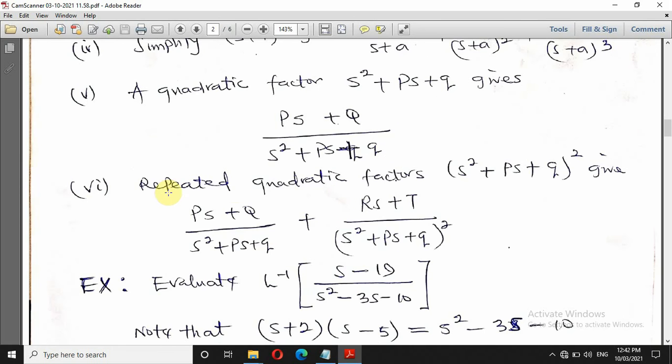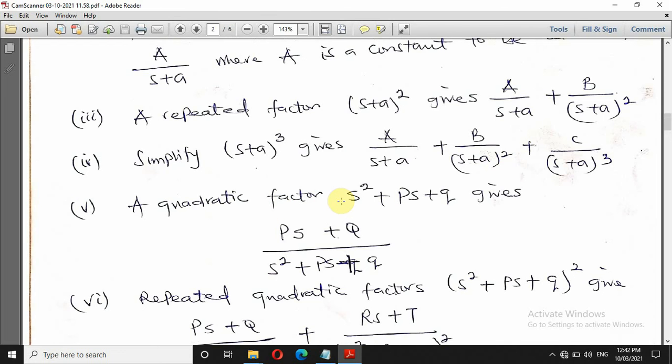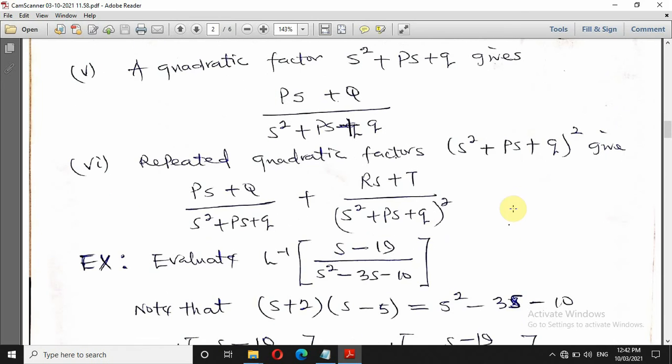Now, let's take a look at the last rule. The rule is if you have x² + px + q repeated. This is a combination of rule 4 and rule 5. Let me show you. You divide by the first term, plus divide by everything squared.